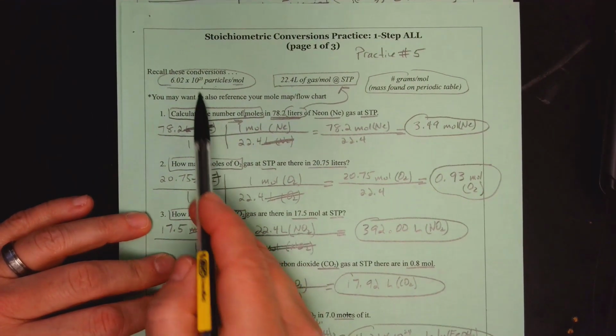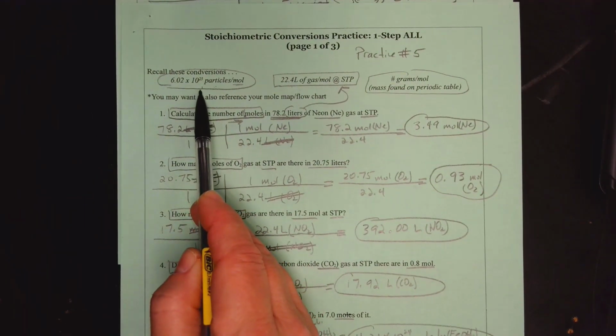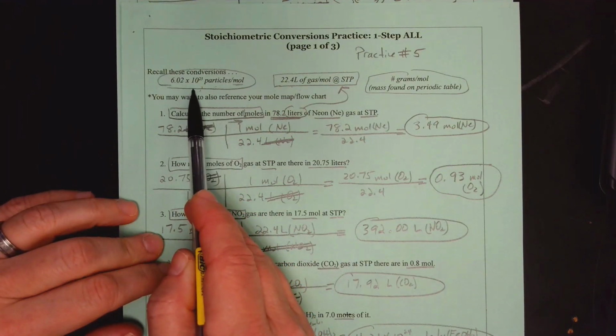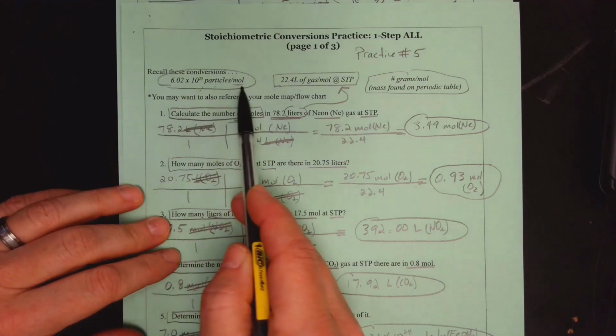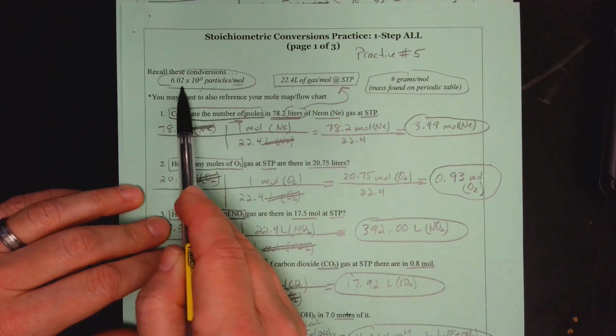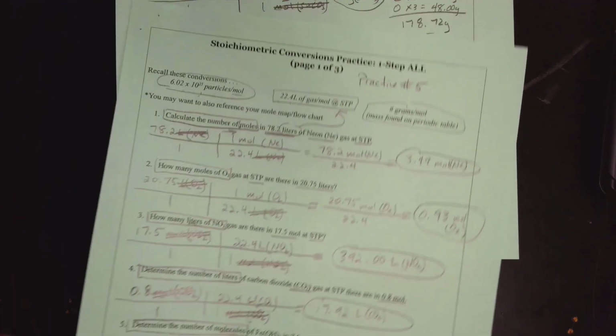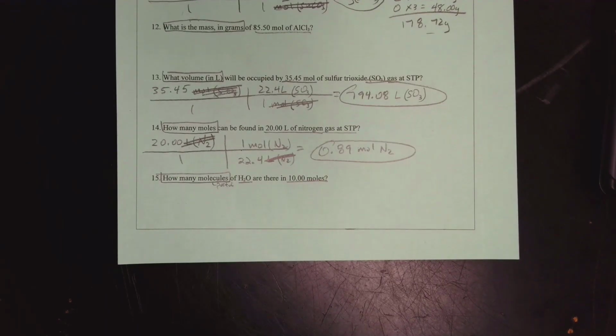Because I'm dealing with particles and moles, the constant is going to be 6.02 times 10 to the 23rd, because remember, if you have 1 mole of any particle, you have this many: 6.02 times 10 to the 23rd, or 602 and 21 zeros of stuff. It's a lot of stuff.